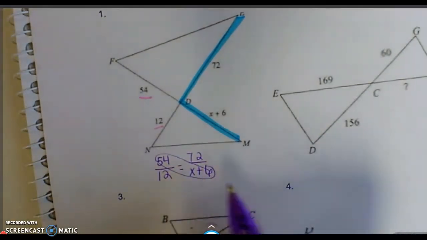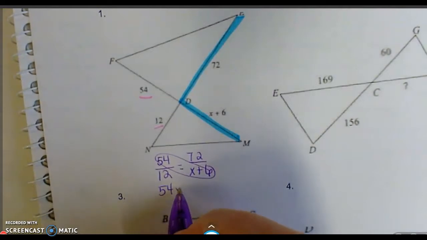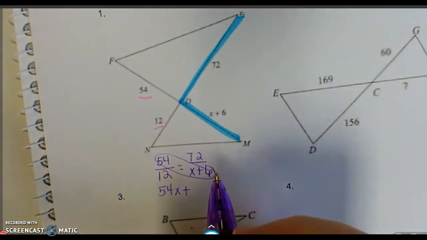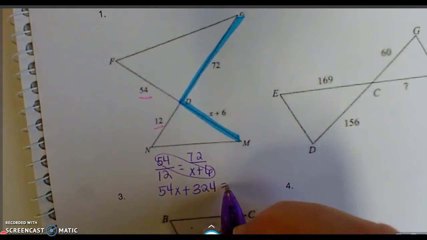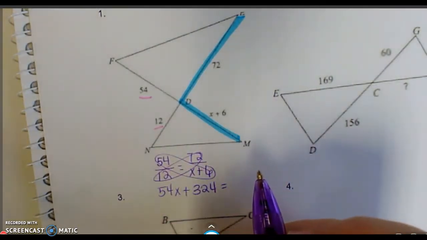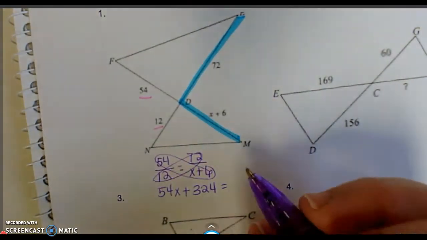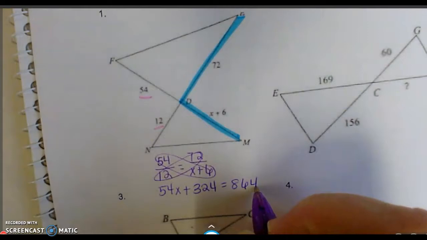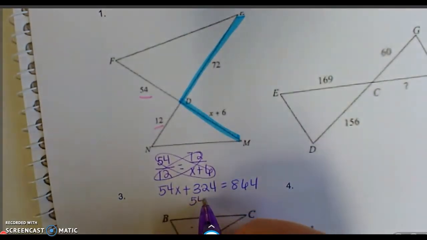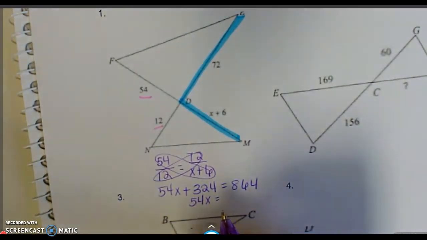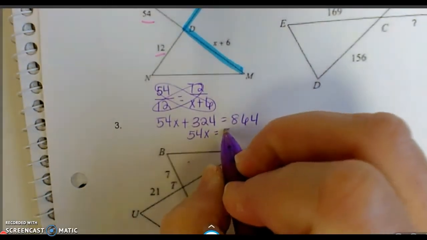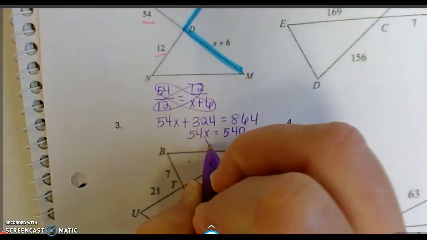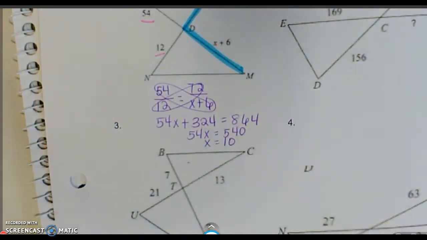So if I cross multiply here, I get 54x plus, I'm going to do 54 times 6, and I get 324. And then cross multiply here, 12 times 72, then I get 864. Subtract 324 on both sides. Divide by 54, so x is 10.